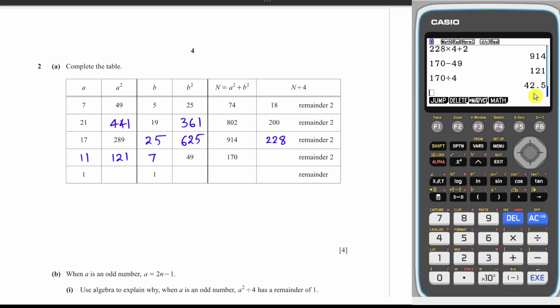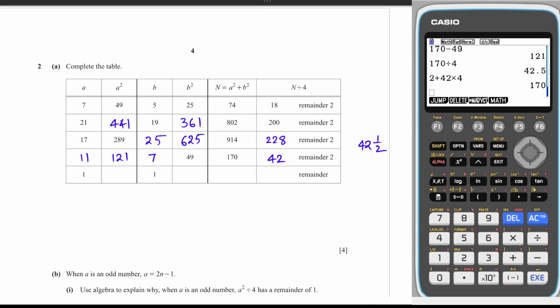Yes, so again this is 42 and remainder is half. So if I do 42 into 4 plus 2, 42 into 4 gives us 168, plus 2 gives us 170.